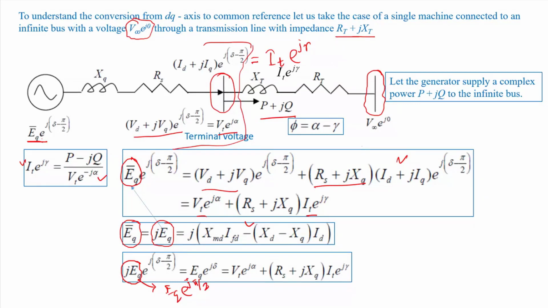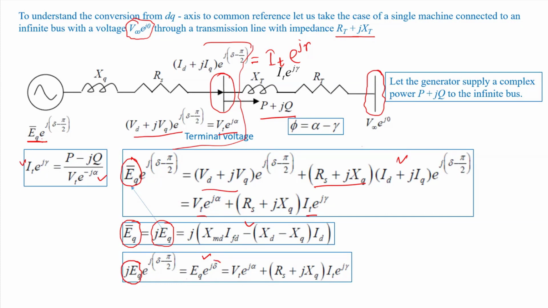So jEQ is nothing but equal to EQ into e to the power j pi by 2. So just multiplying this, I will get EQ into e to the power j delta, right? So that will give me Vt e to the power j alpha plus (Rs plus jXq) IT e to the power j gamma.